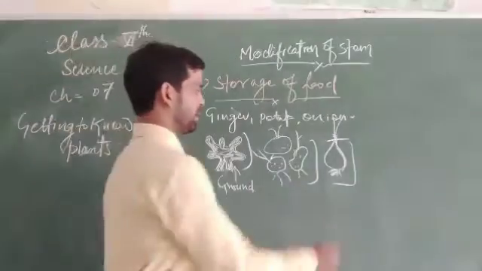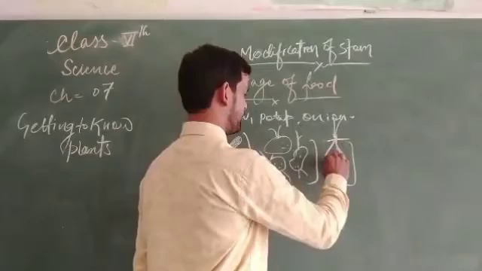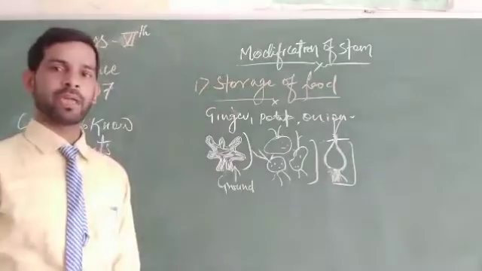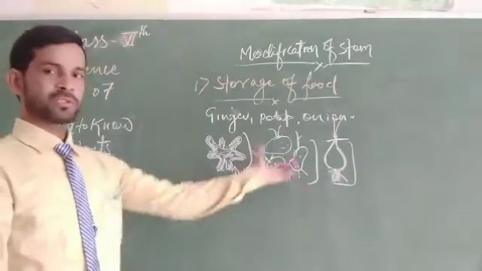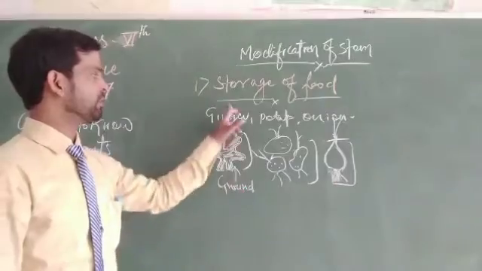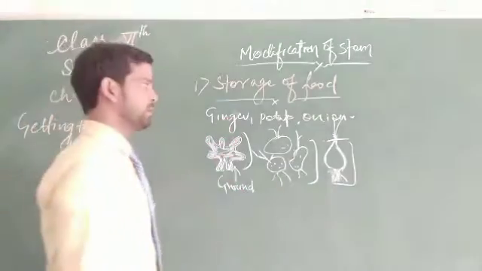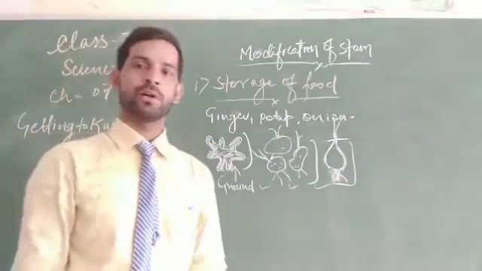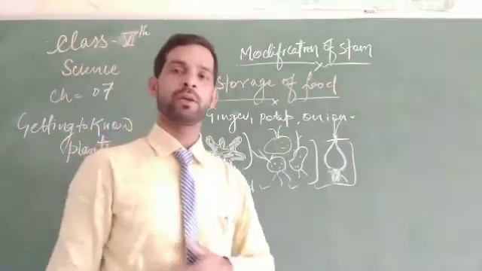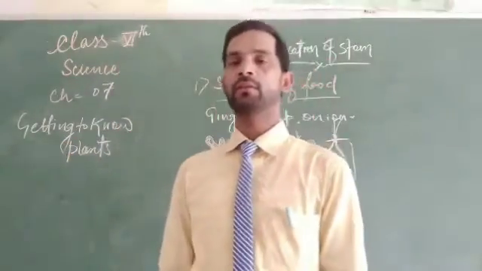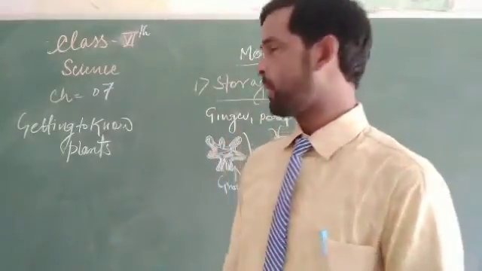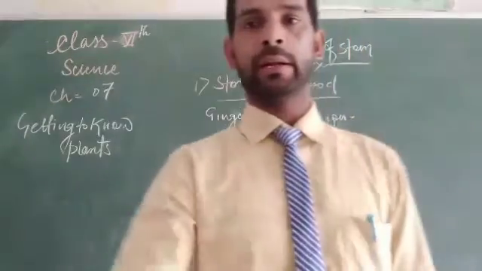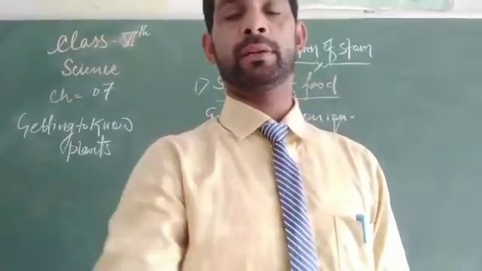These have the important characteristic of storing food, which can be consumed later. Examples are potato, onion and ginger. This stem grows underground and stores food in it, which makes it fleshy and swollen, and these parts can be eaten later.